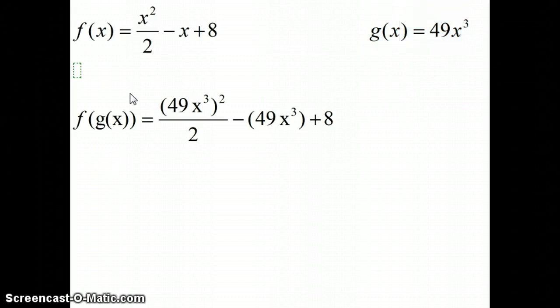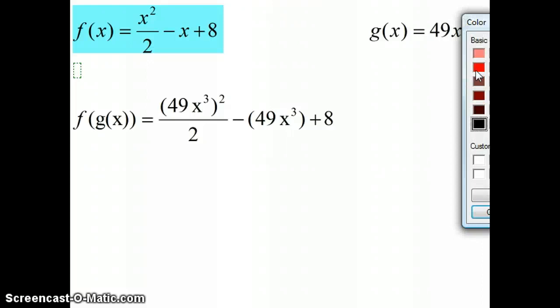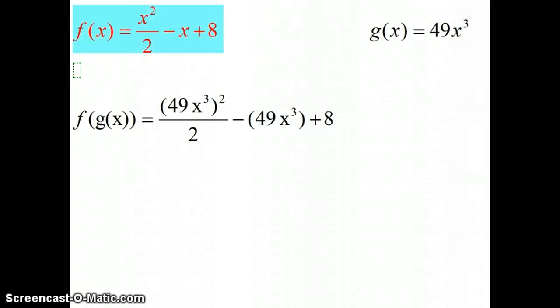In order to help clear this up, I'm going to color code this a little bit. I think that's going to make it a lot easier to understand what's going on here. Let my f of x be, let's go with a red color. So this has to match.